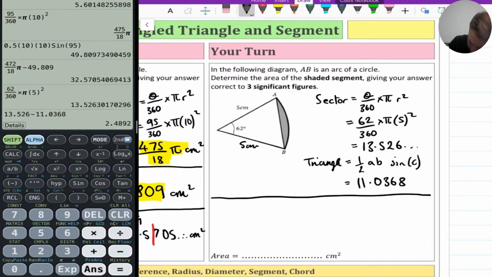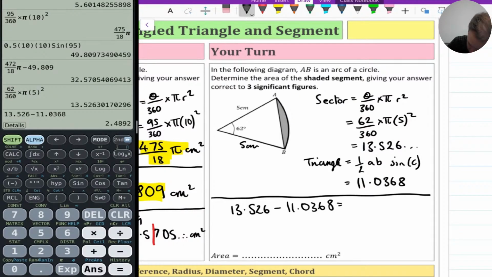So all of that, I should write that down. 13.526 minus 11.0368 is equal to 2.4892. So to three significant figures, that's going to be equal to 2.49 centimetres squared. Okay, be careful with your rounding there.